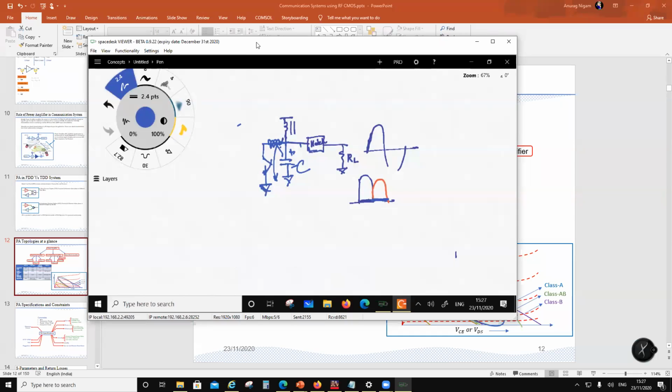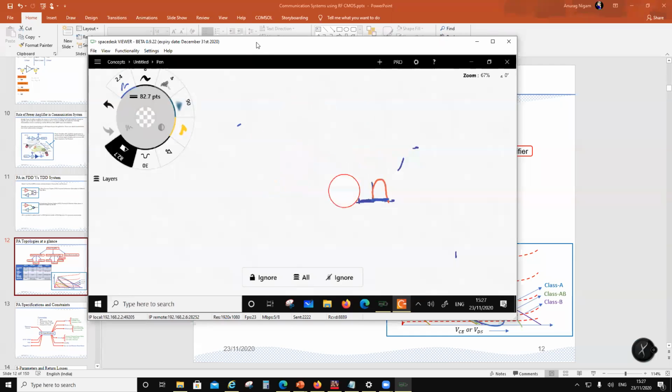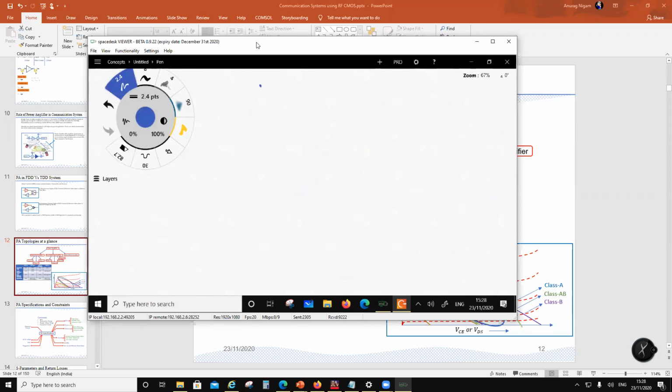So what are the sources of losses in a power amplifier? First is going to be the switch loss. If there is a voltage, there should not be a current. If there is a current, there should not be a voltage. If that is so, then the switch loss will go to 0, if V and I are in quadrature.